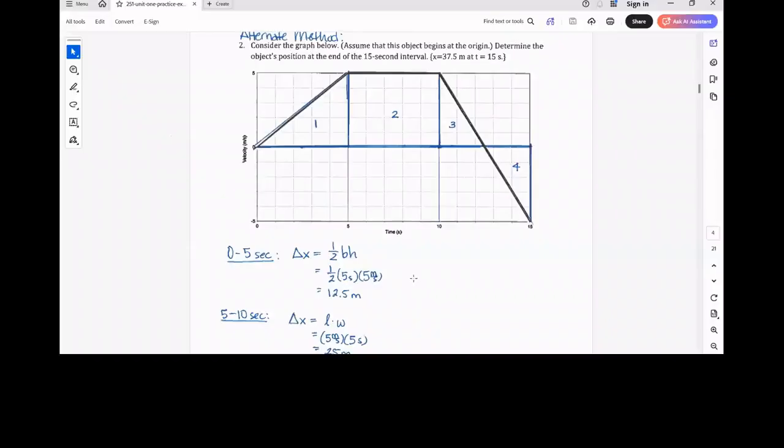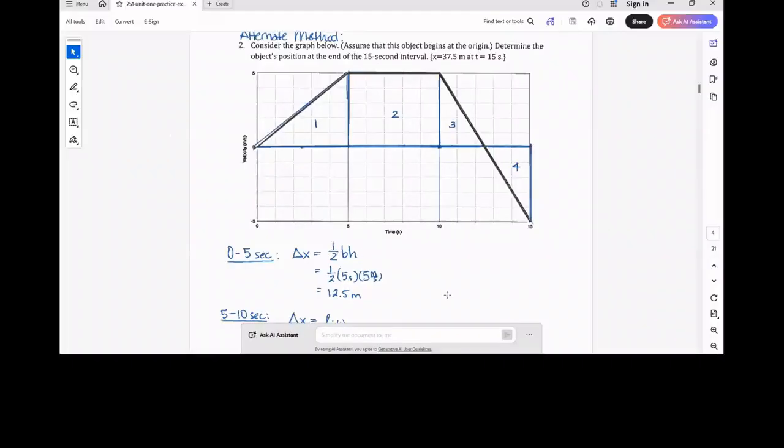Because I have a velocity graph, if I compute the area below the curve, I'm going to end up with a displacement. And we can see that here by just taking the area of a triangle. So 1/2 base times height. This particular triangle has a base of 5 seconds, a height of 5 meters per second.